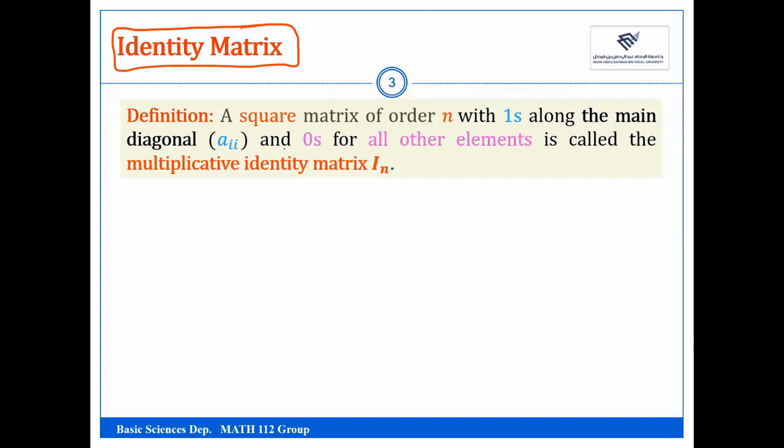So the identity matrix is a square matrix, of order n rows and columns. It has 1 on all the elements on the diagonal, a_ii equals 1 for all i. These are the diagonal elements.